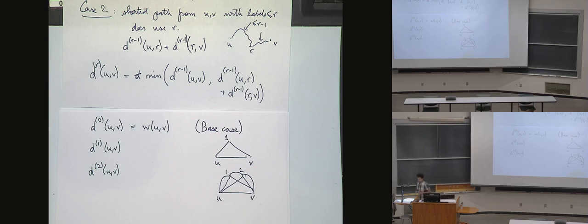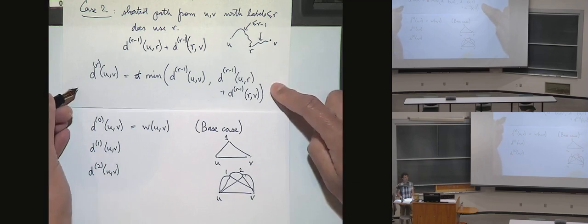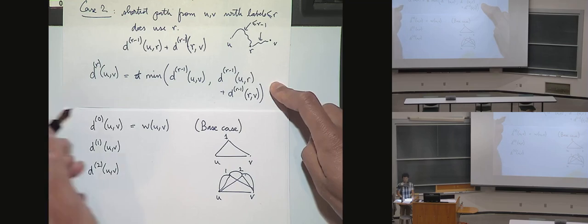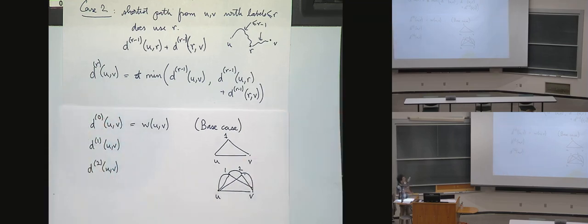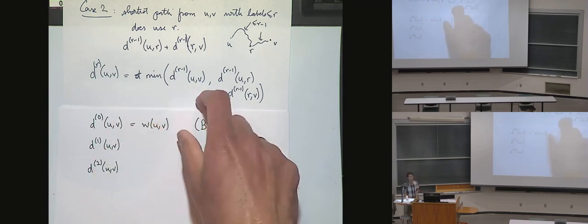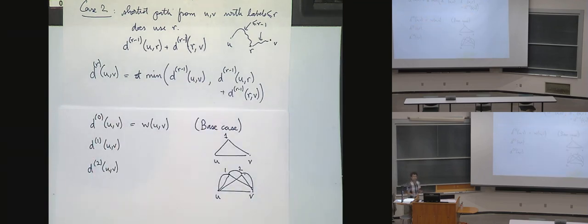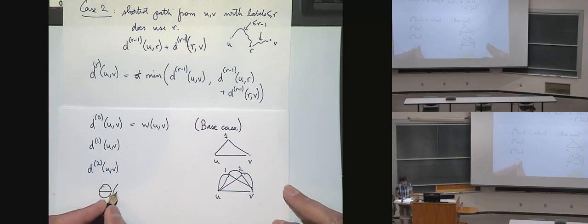And the nice thing, as I said, is that the recurrence only takes constant time to compute. So as you increase R from 0 to n, every intermediate computation is only constant time. So this is Floyd-Warshall. This is again Theta(n^3).